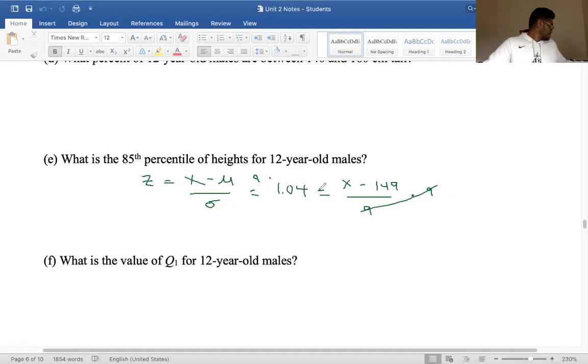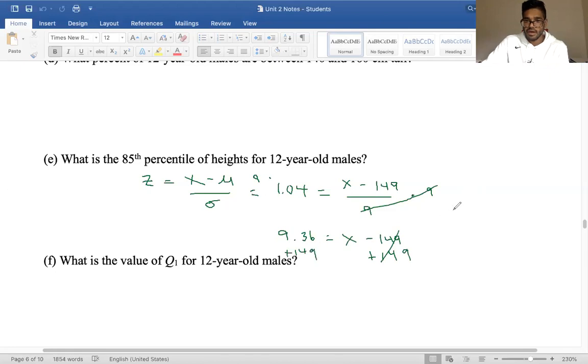Let me take a look. 9 times 1.04 is 9.36. So you get 9.36 equals x minus 149. Okay. Add 149 on both sides. These cancel out. And you get x equals 158.36.